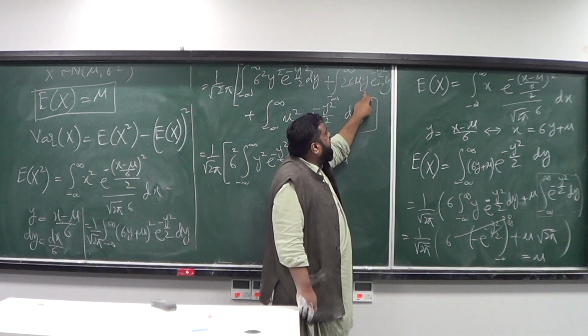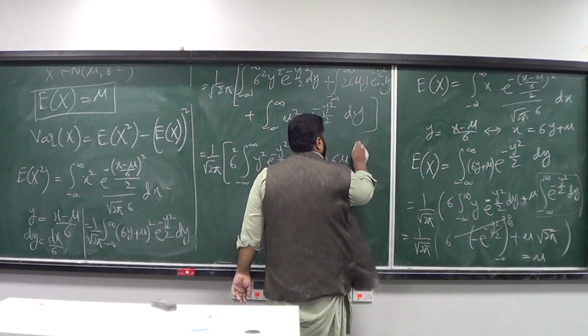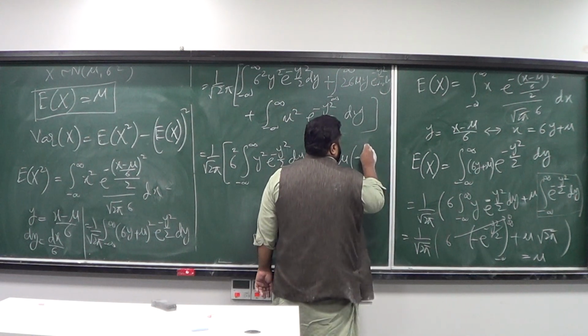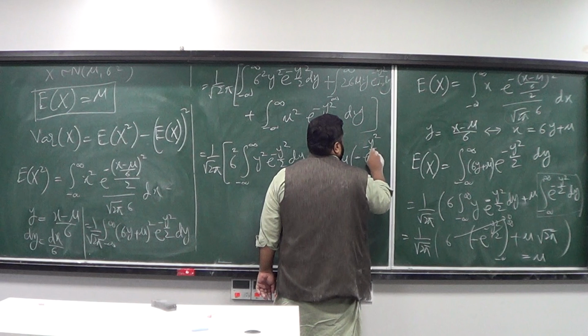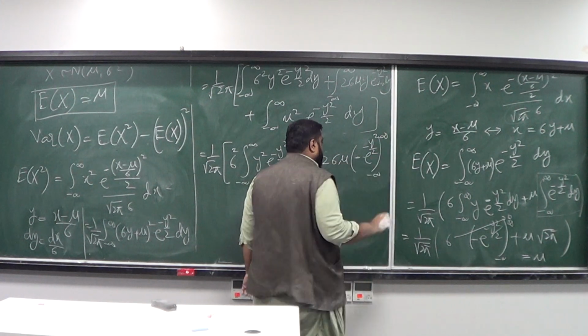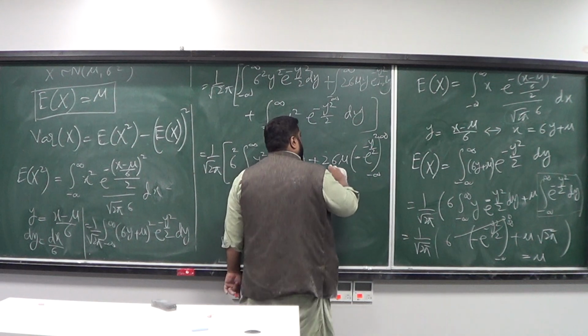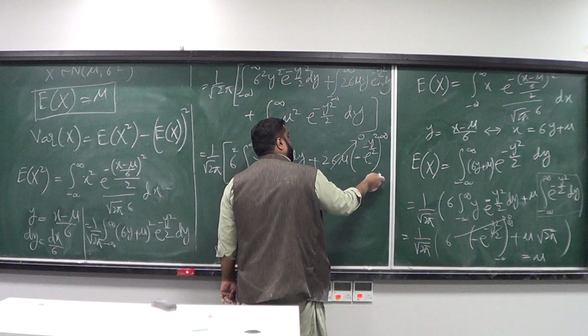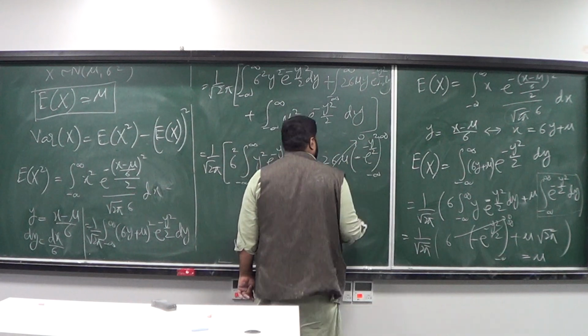And what is the integral of y e to the minus y square by 2? We have computed it previously also: this is going to be e to the minus y square by 2, and the integral goes from minus infinity to infinity, and we know that this is 0. Substitute infinity, you get e to the minus infinity, so it's going to be 0.